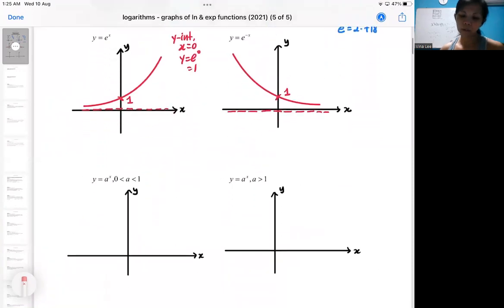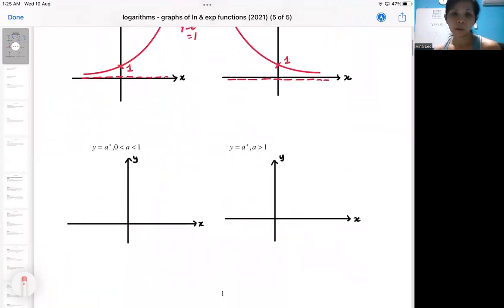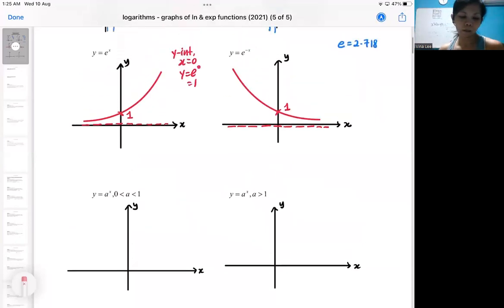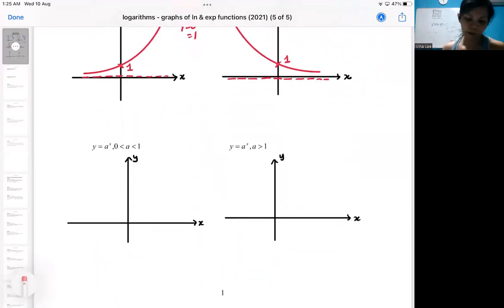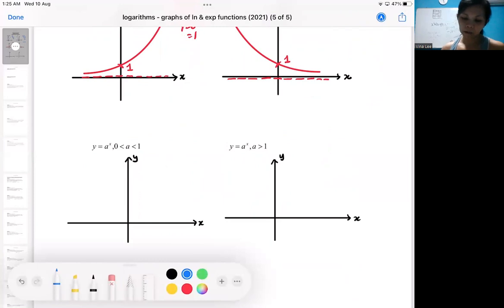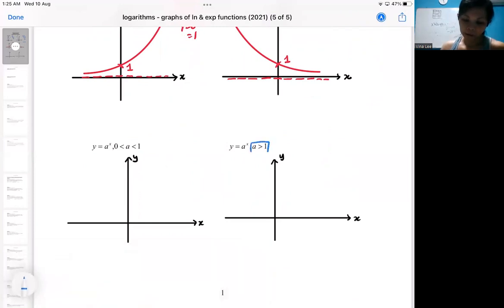The next one, we will also explore under exponential, but now our exponential will have a numerical base. e is also a numerical base, it's just that e is 2.718. So we're going to explore other kinds of numerical bases. For example, I have this one where the base is greater than 1. It cannot be equal to 1, it's greater than 1. You can choose 2^x, you can choose 3^x.